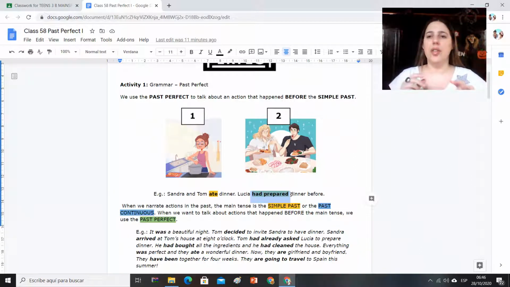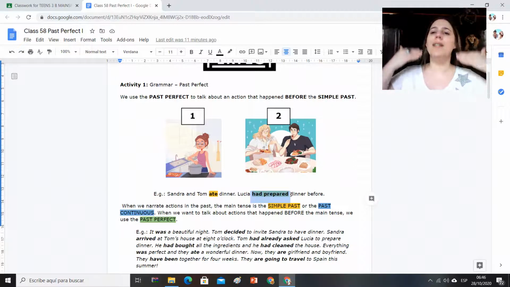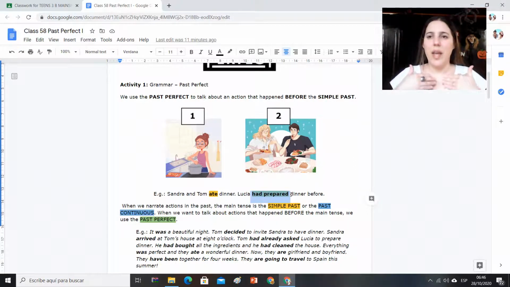¿Ok? Entonces, si yo estoy escribiendo o hablando y estoy describiendo algo que sucedió en el pasado, I'm using simple past, pero quiero decir que algo ocurrió antes que eso, I am going to use past perfect. Y vos vas a entender que eso ocurrió antes, que ya había sucedido. ¿Ok?